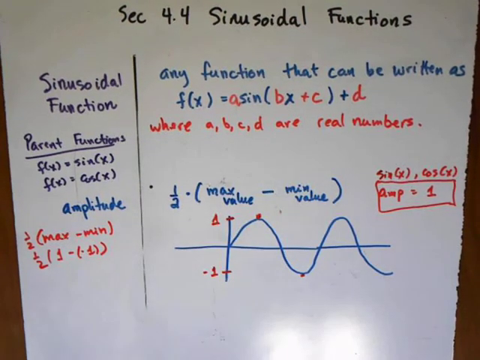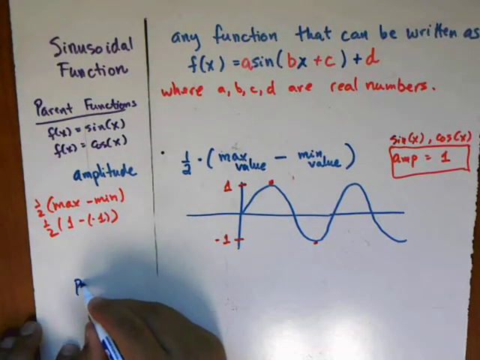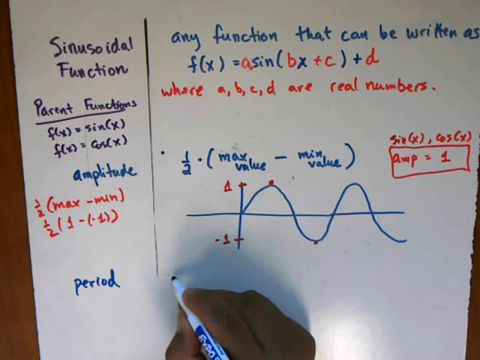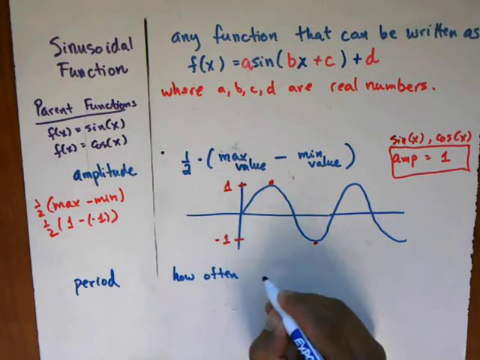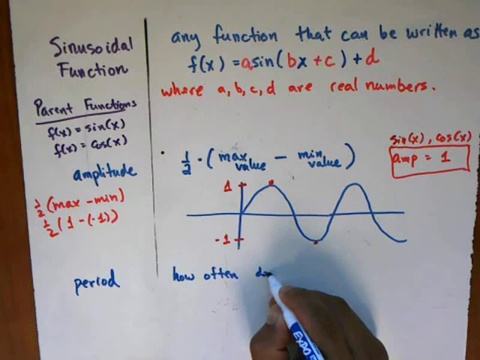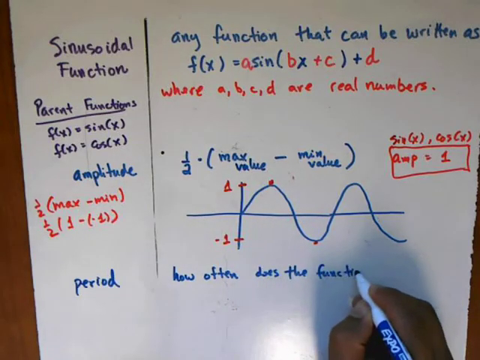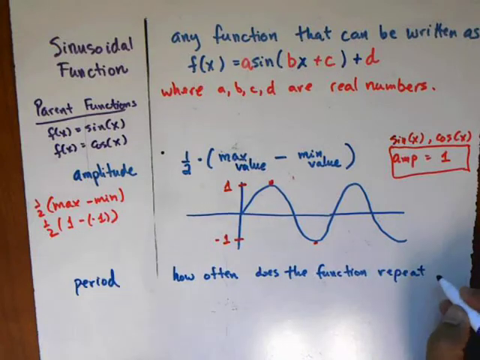Next, we have the definition of a period. And the period of a function is, let me do this in layman's terms first, how often does the function repeat itself?